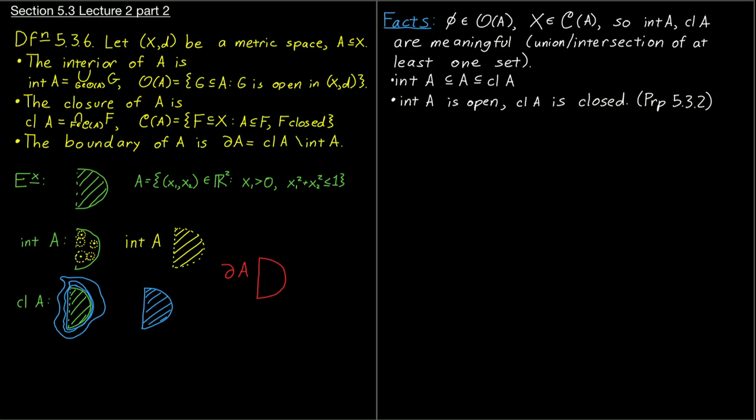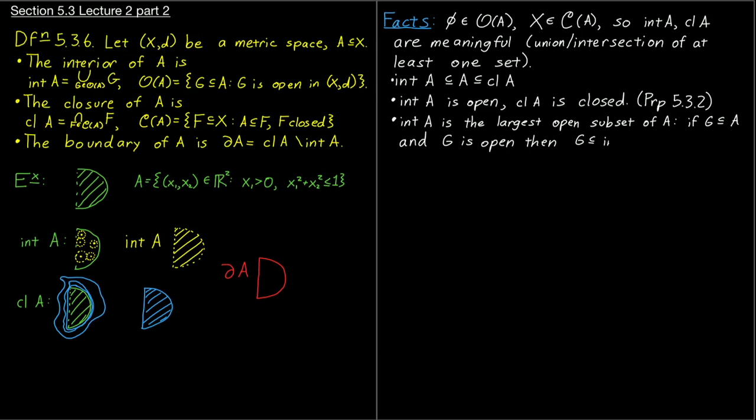Another thing to point out that follows from the definition is that the interior of A is the largest open subset of A. If G is a subset of A and G is open, then G is also a subset of the interior of A. So certainly whatever you think bigger means for sets, if you're a subset, the subset is smaller, the superset is bigger.